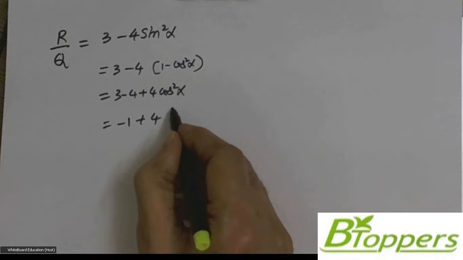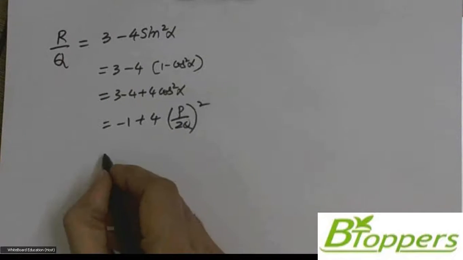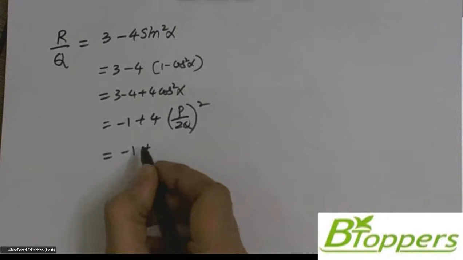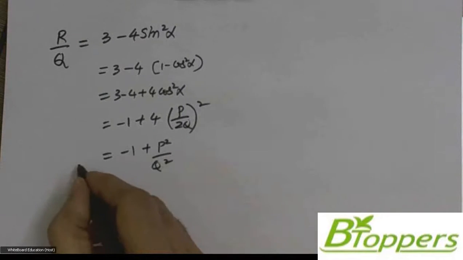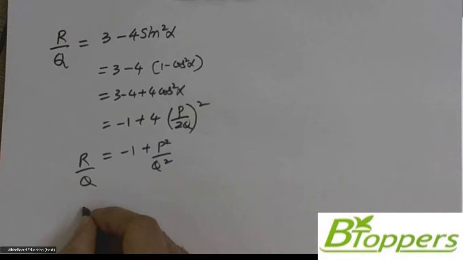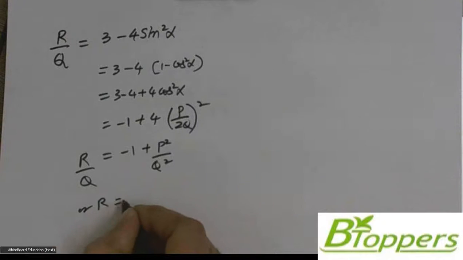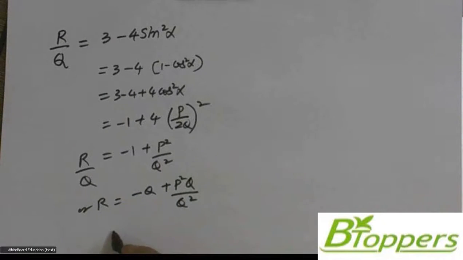From first equation you got cos alpha equal to p by 2q. So minus 1 plus p square by q square is r by q. So you get r equal to minus q plus, multiplying the equation with q, p square into q by q square.